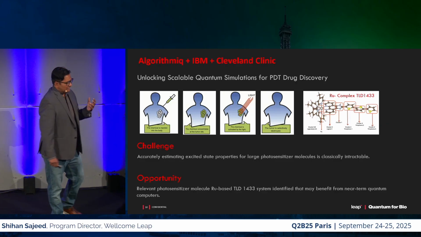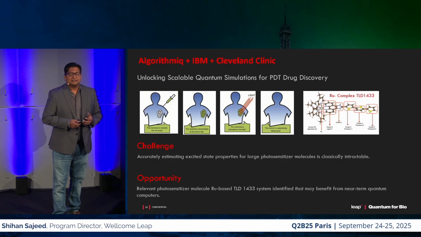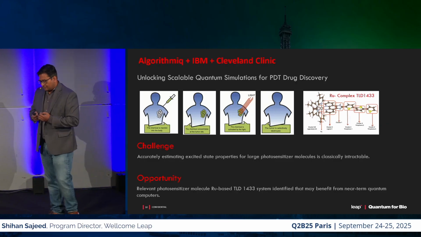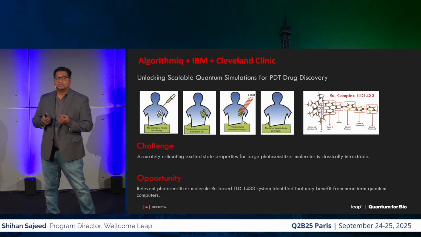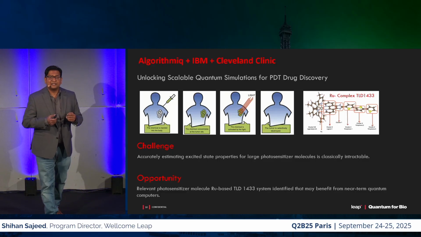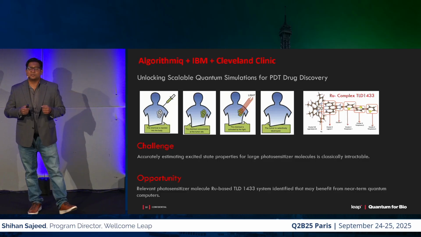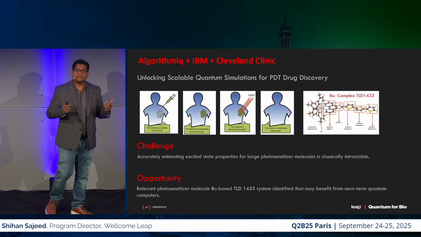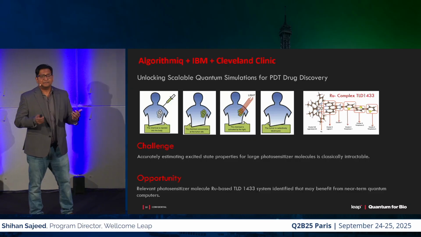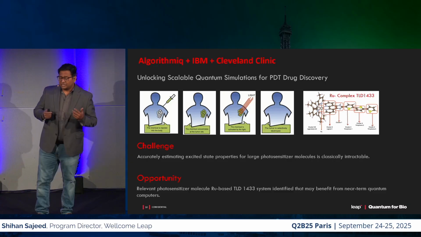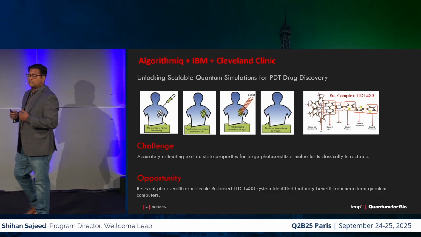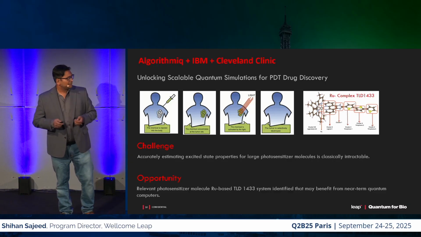The challenge is designing a very effective photosensitizer molecule, or more specifically, estimating the excited state property of a large photosensitizer molecule, which is classically very difficult. And this is where they think a quantum computer can actually create value.